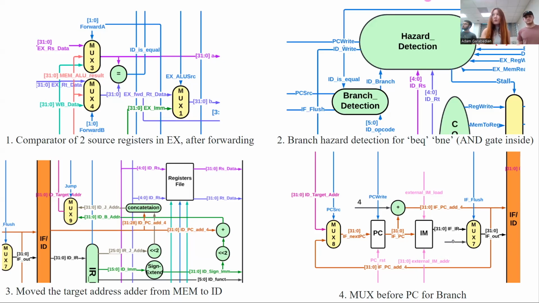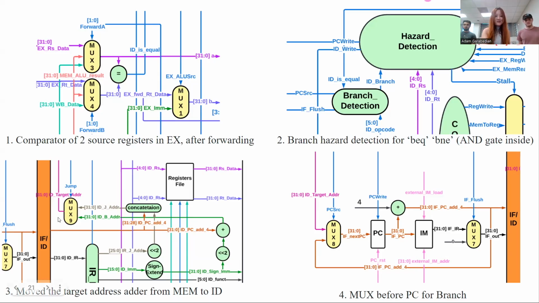When we add these 2 signals together, we will detect if this is a branch, and we will send it back to the hazard detection, and we will do the same thing as the load instruction or that load hazard or data hazard. We will implement the stall to the pipeline register, as well as freezing the PC register write and IFID pipeline register write.